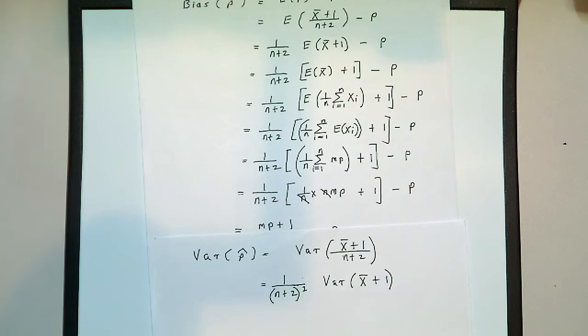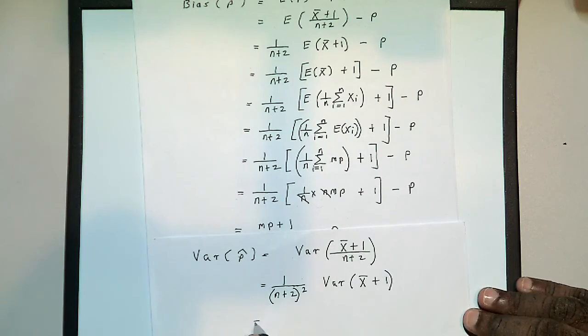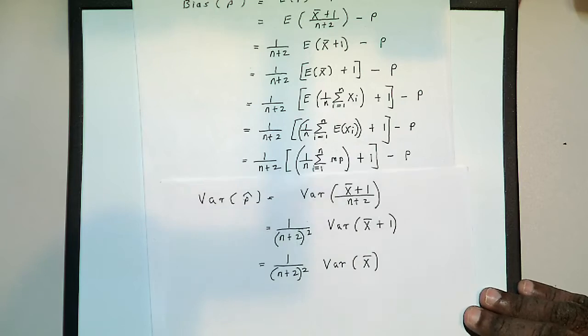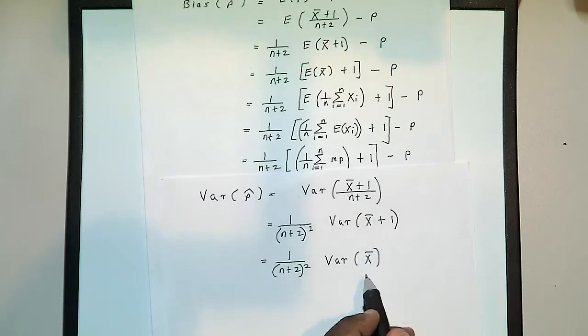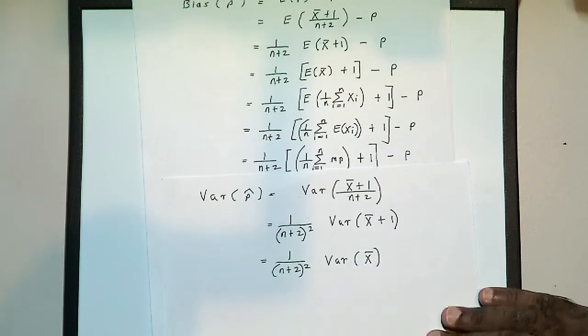Remember, when you pull a constant outside the variance, you need to square it, right? Now the variance of x bar plus 1 is the same as the variance of x bar, because I hope you learned in probability 1 that adding or subtracting a constant does not change the variance.